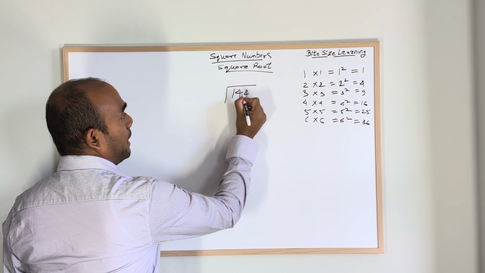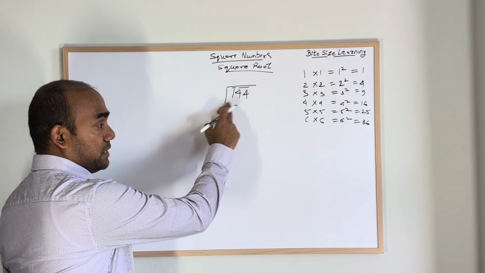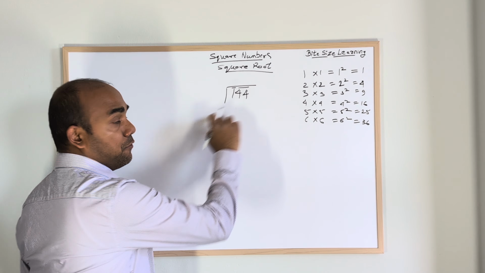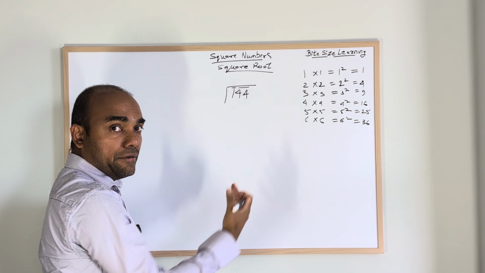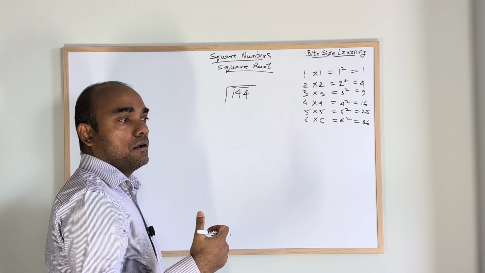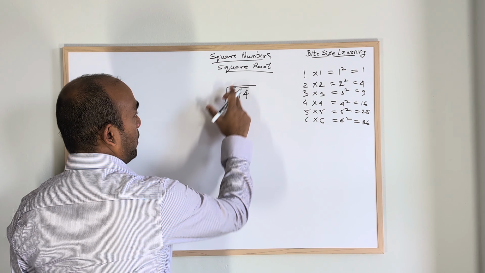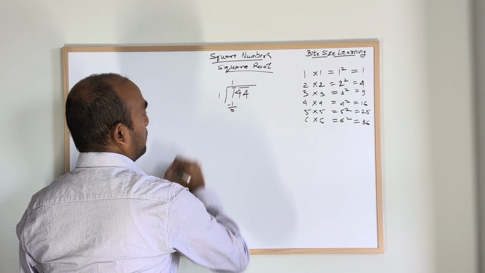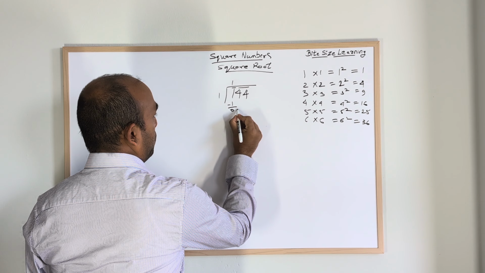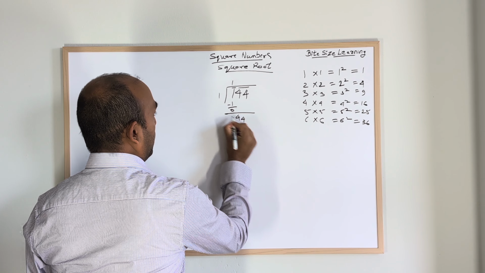Again you start pairing, and you are left with one digit at the beginning and you have paired 44. Now you start reading the table of squares: 1 times 1, 2 times 2. For 1, it is 1 times 1 and the subtraction is 0, and then you bring 44 down.